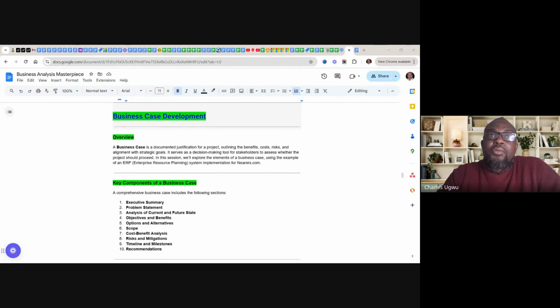So you must know how to do a good cost-benefit analysis, because it is one of the key factors you are going to use to convince the stakeholders about the viability of the project. It serves as the decision-making tool for stakeholders to assess whether the project should proceed.